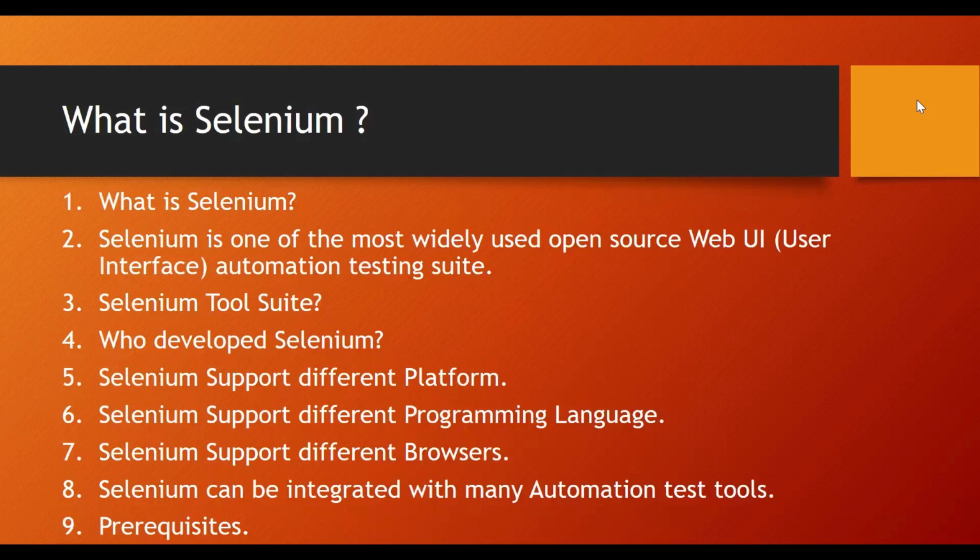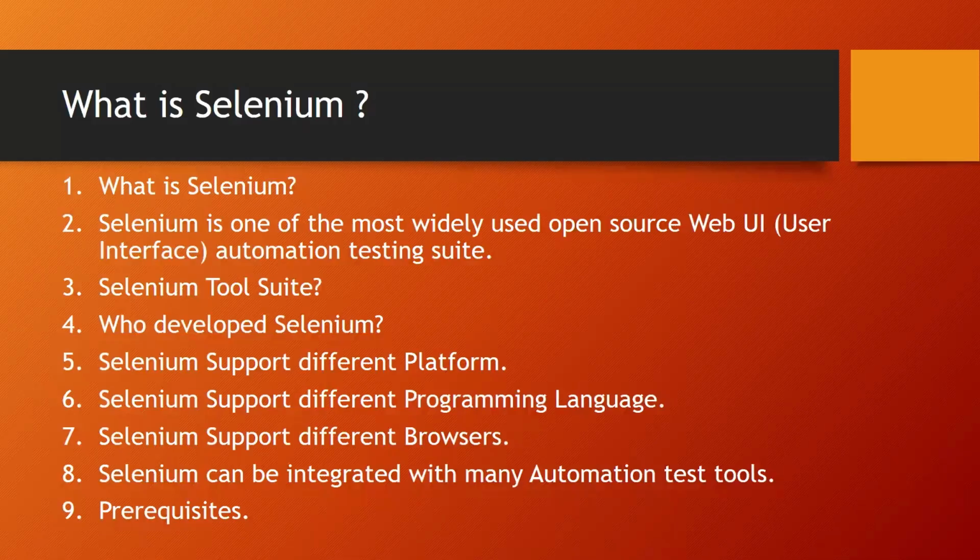The next point is that Selenium supports different browsers. We can do automation testing on different browsers like Microsoft Edge, Google Chrome, Safari, Mozilla Firefox, and we can code for just one browser. If we have code for Google Chrome, we can run the same code on the other browsers, but we have to change the drivers of the browsers.